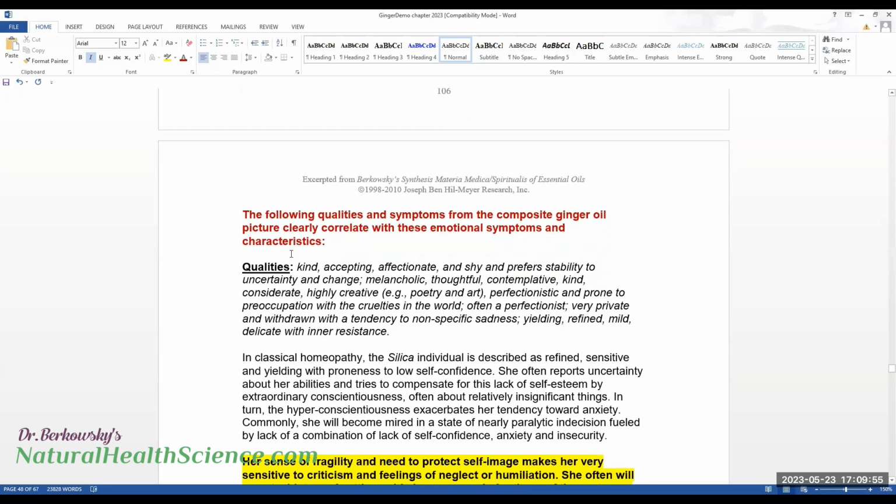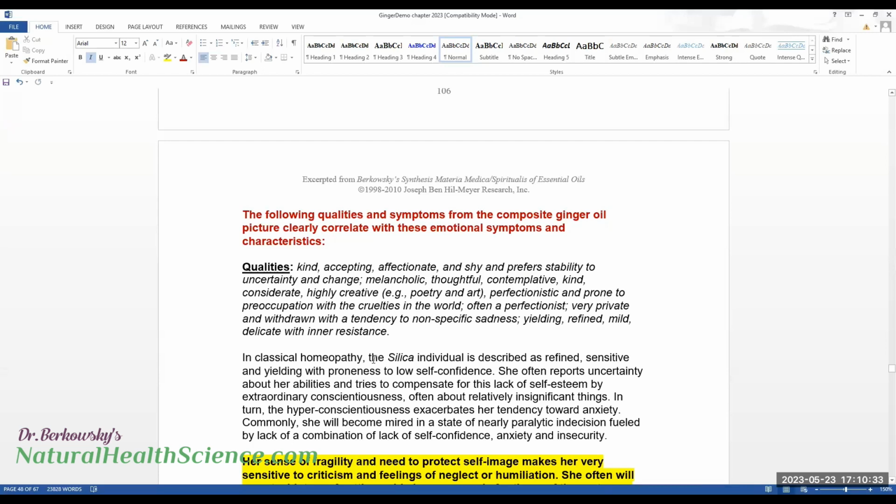Some of the qualities that you see in the ginger oil picture are kind, accepting, affectionate, and shy, prefers stability to uncertainty and change, melancholic, thoughtful, contemplative, considerate, highly creative, but somehow they repress that, perfectionistic, control, and prone to preoccupation with the cruelties of the world, very private and withdrawn, with a tendency towards non-specific sadness, yielding, refined, mild, delicate, with inner resistance.